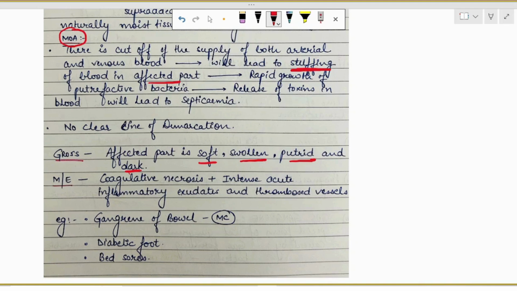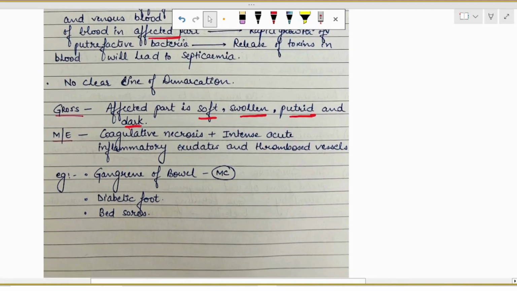So there would be coagulative necrosis plus intense acute inflammatory exudates and thrombosed vessels that we will be able to see in the microscope. Examples of wet gangrene are gangrene of the bowel, which is the most common example of wet gangrene. Diabetic foot is wet gangrene, bed sores are wet gangrene.